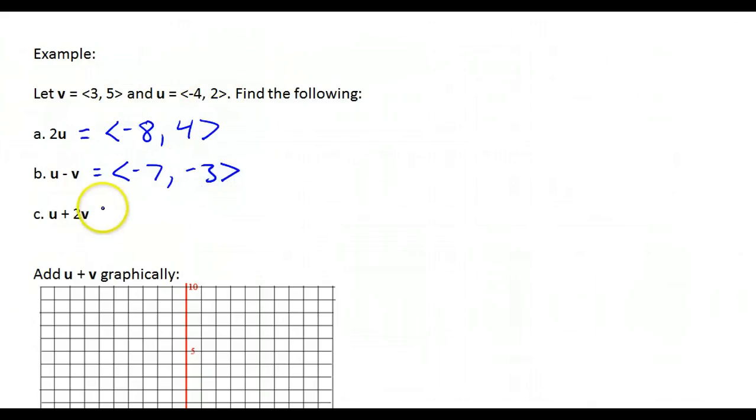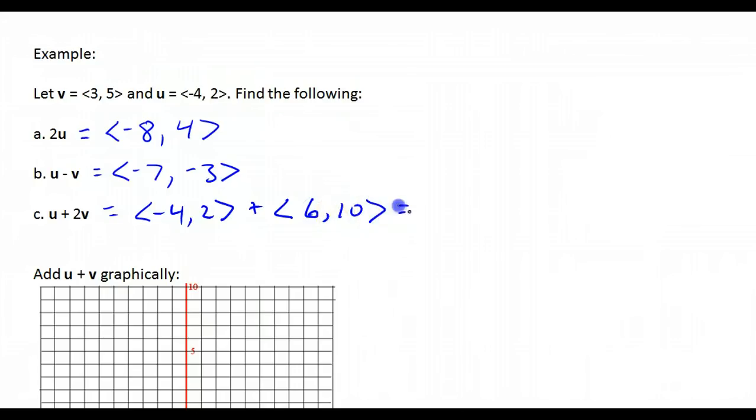And then u plus 2v, that's going to be, whoop, I did v plus 2u, I was getting ready to do, right? Okay, so what we're going to do is u, that's negative 4, 2, plus 2v, that's going to be 6, 10. And when we work that out, we get 2, 12.